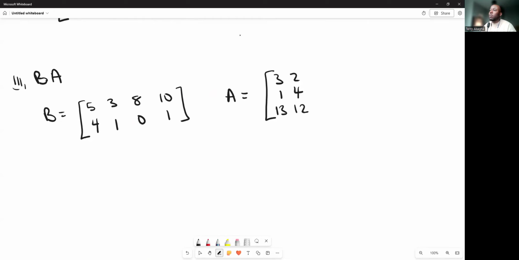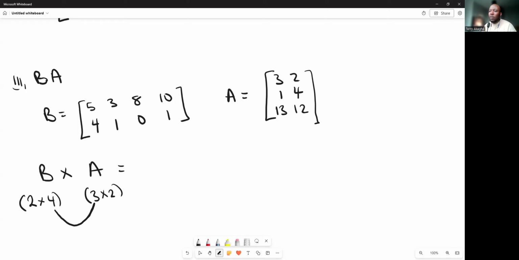So remember, the first thing to do is to check. We have B times A. Is this possible? So we know B is a 2 by 4 matrix, right? And we know A is a 3 by 2 matrix. So if you look at this, these numbers are not the same.